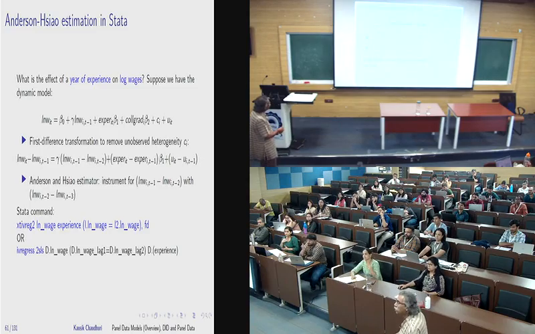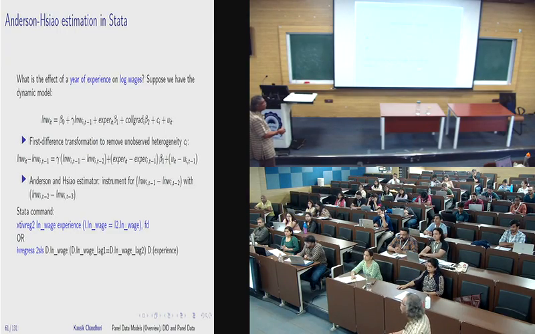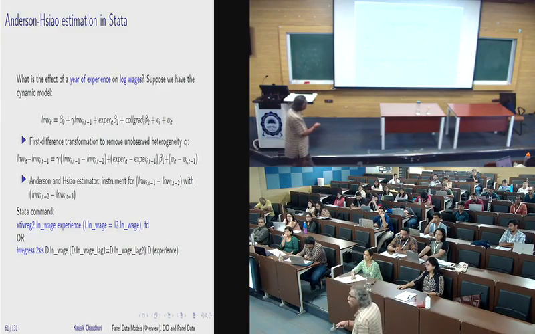Or I can simply do IV regress 2SLS, where d log wedge lag 1 is being instrumented by d log wedge lag 2. Clear? And then I have d dot experience. Fine? Okay? So that's what I am doing at this stage.